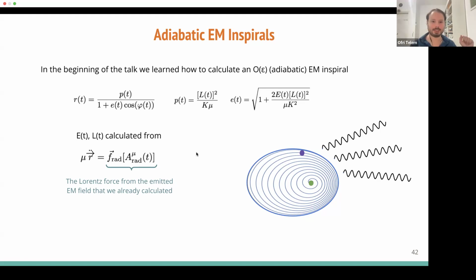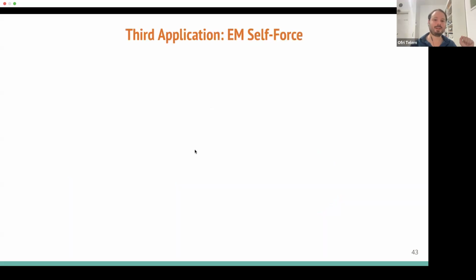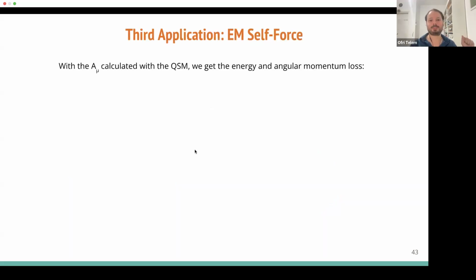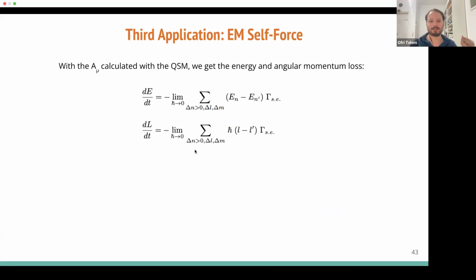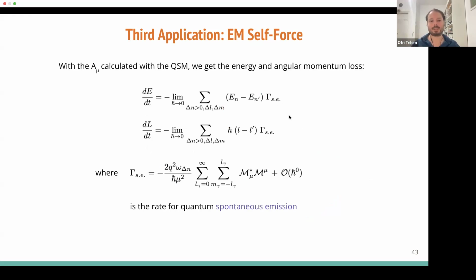I'm going to skip a lot of details, but we're in for a surprise. Let's see dE/dt and dL/dt, the change in energy and angular momentum from the classical radiation. And it's starting to look pretty nice. This gamma SE is just the quantum formula for spontaneous emission, the way you learn it in undergrad.